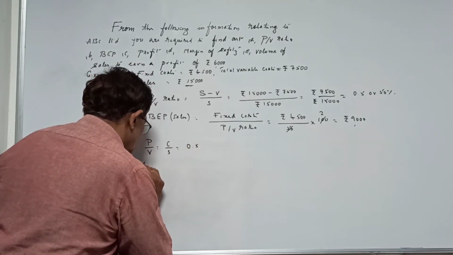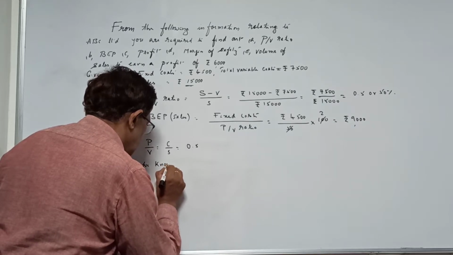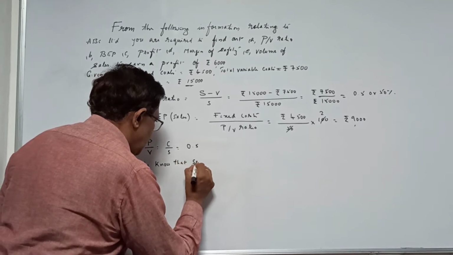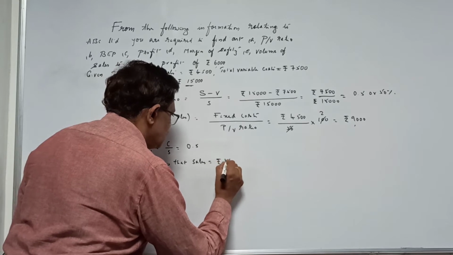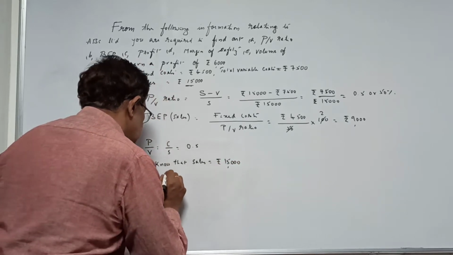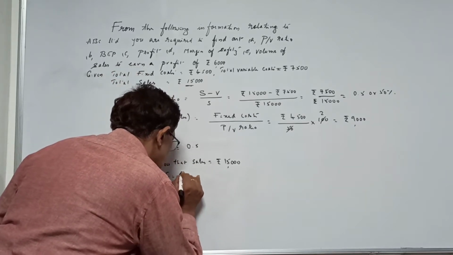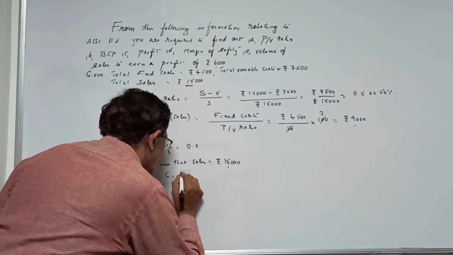And we know that sales are given as 15,000. If that is the case, C is nothing but 0.5.